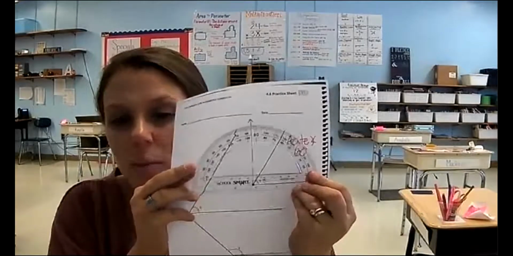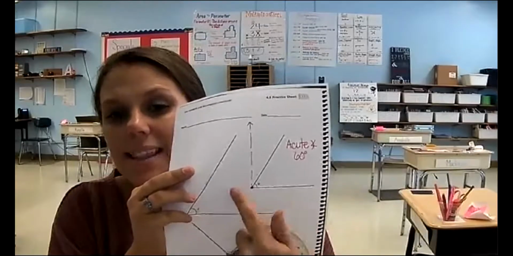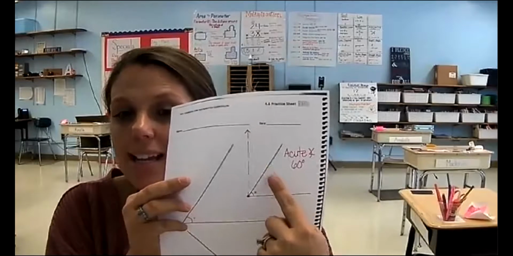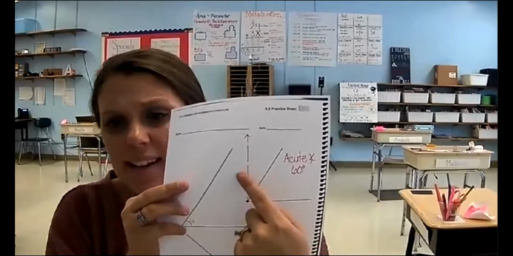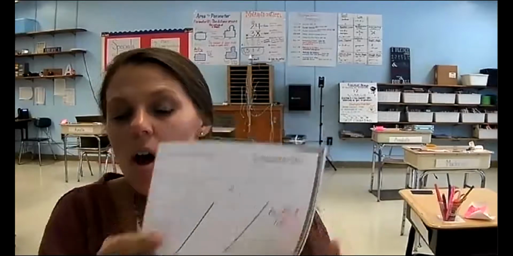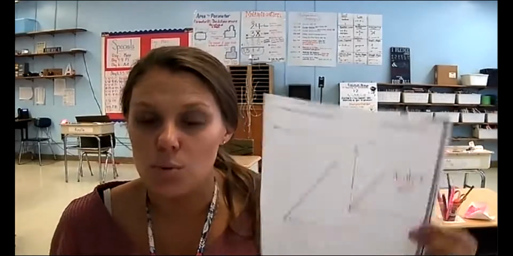I identified where my 90-degree angle was and I labeled it. When I label this as a 90-degree angle, I can easily see it's not quite 90, it's smaller than 90. So I know it's an acute angle. Already I know the answer is somewhere between 1 and 89 degrees because it's acute.